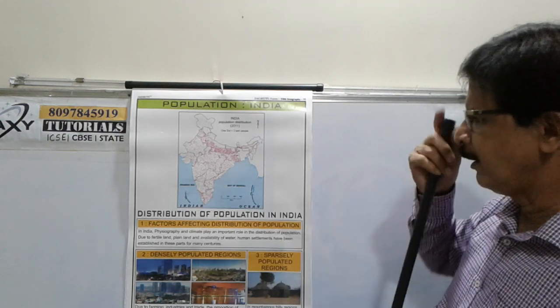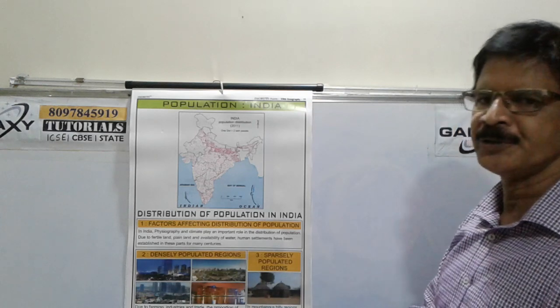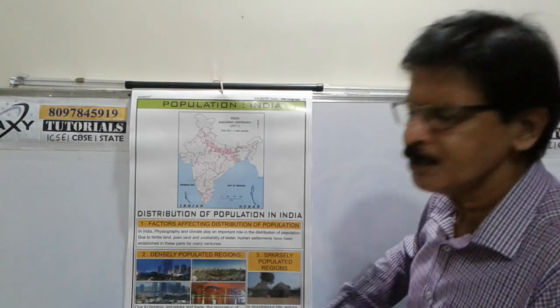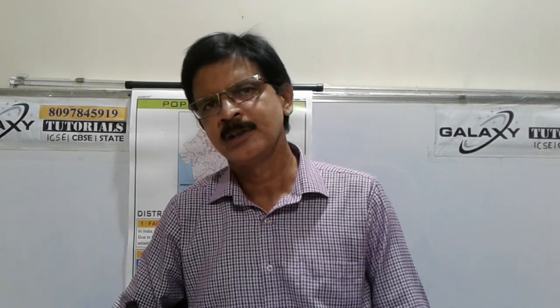These are areas where the population density is very high. Now, what must be the reason for this discrepancy in population? Why in some areas is the population very high and in some areas very low? We will come to it.